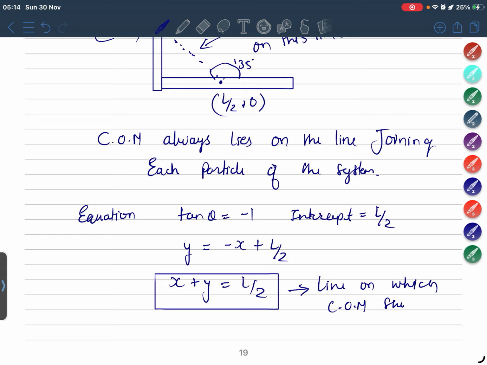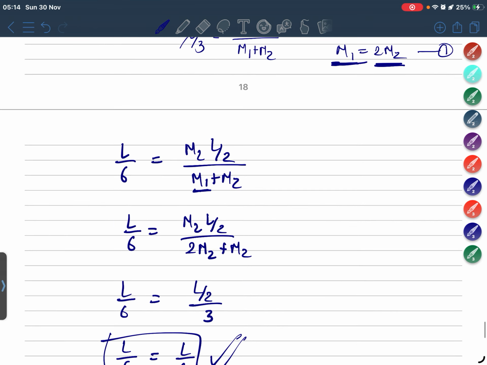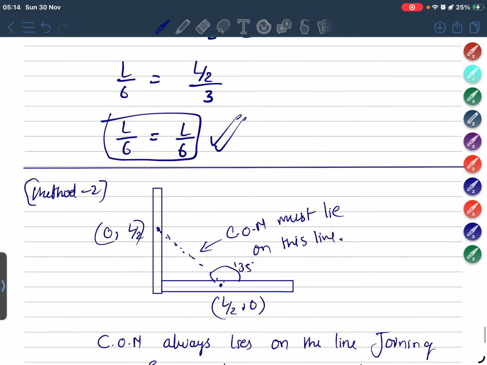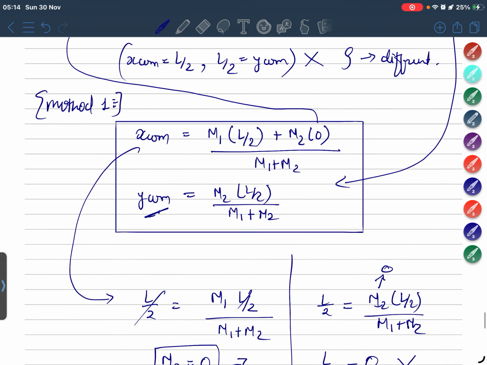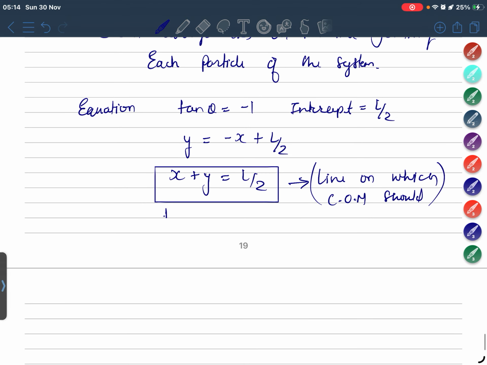Now you just have to put one option at a time in this equation. If the option satisfies this equation, it means that option corresponds to the center of mass. I am just showing you by putting L by 3 comma L by 6. If I put L by 3 plus L by 6, will it be equal to L by 2?